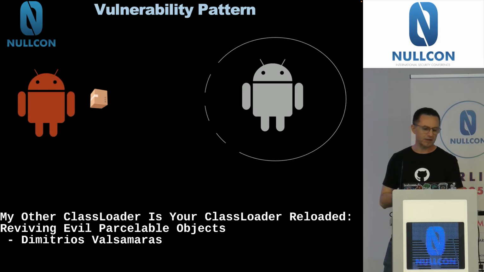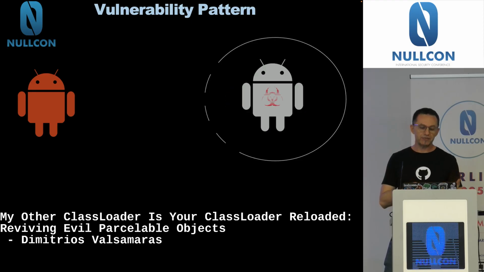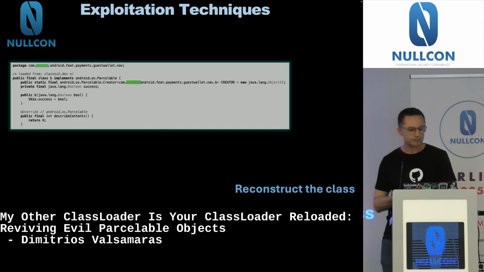To be more specific, imagine that we have a parcel that contains a URL, which is very common, that this application uses to send authenticated requests, or an intent that this application sends with its own ID. If this data is sent by an untrusted entity, as you understand, this can lead to serious issues.